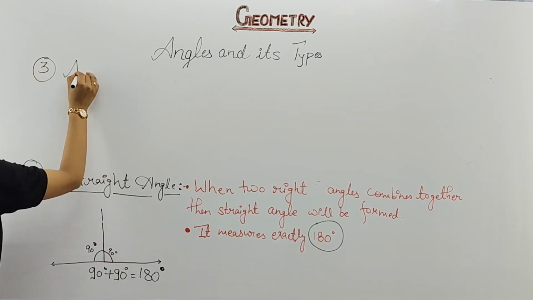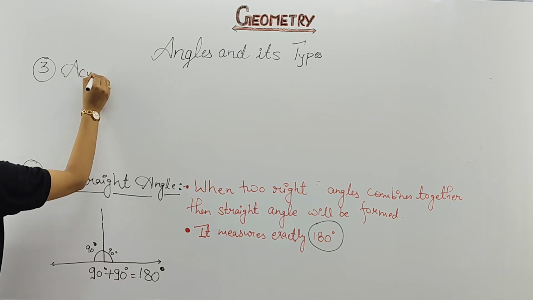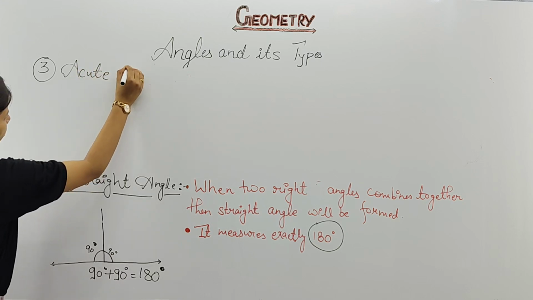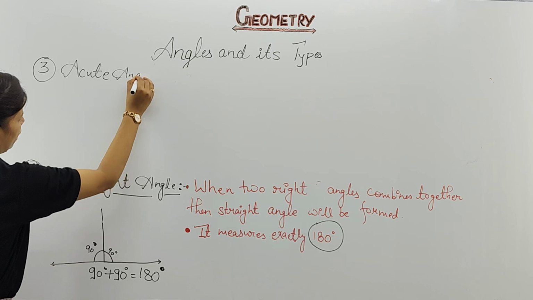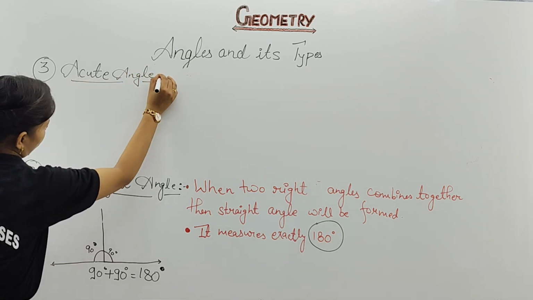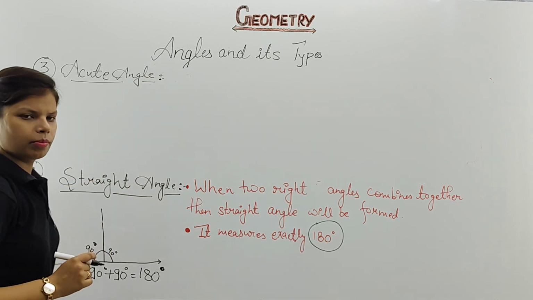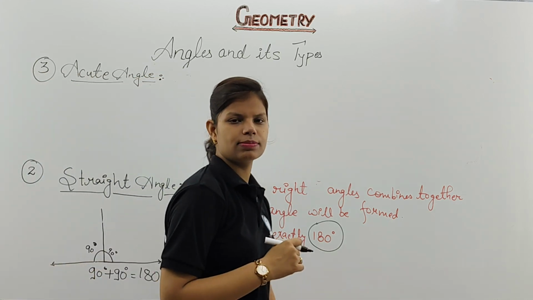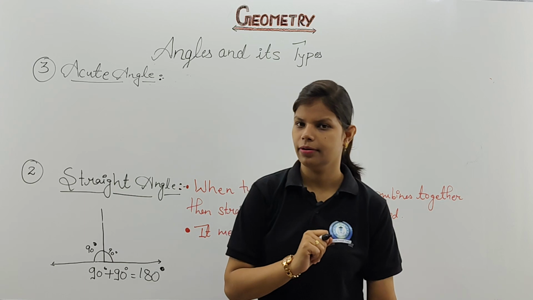So, third part of yours is acute angle. It is basically smaller than the right angle.